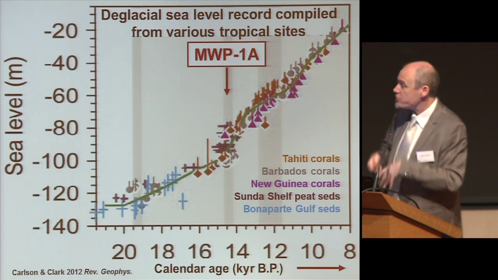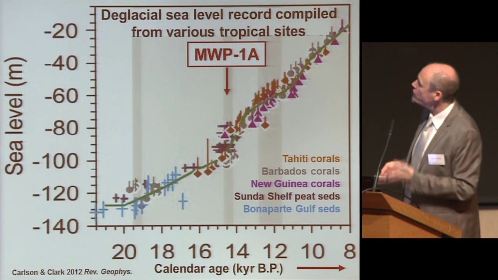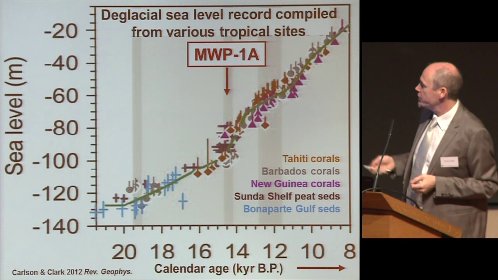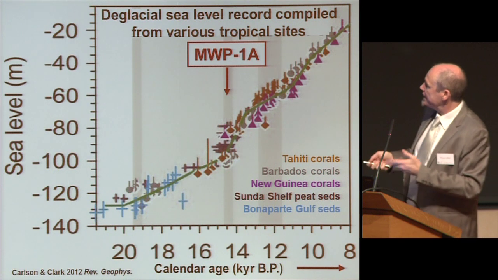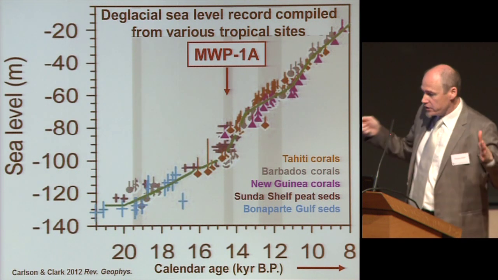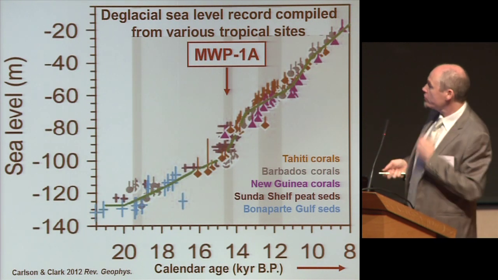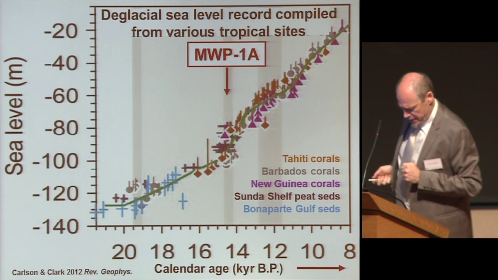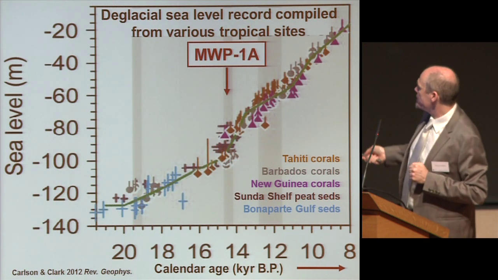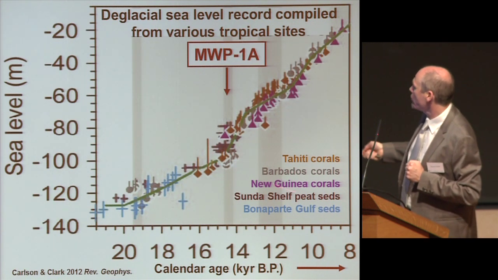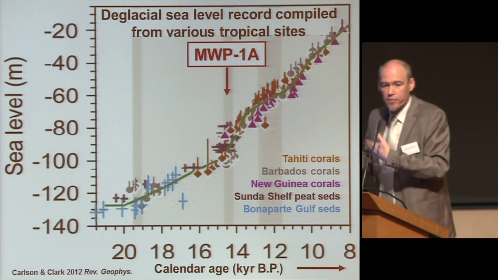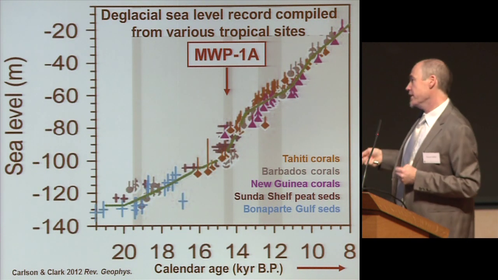This is a compilation. Today, when we put on the graph all the information that we have on the full glacial-interglacial, we have only a few sites. Again, I took that from a recent compilation by Carlson and Clark in 2012 in Reviews of Geophysics. We have the Tahiti corals and the Barbados corals that still constitute the backbone of the last glaciation.